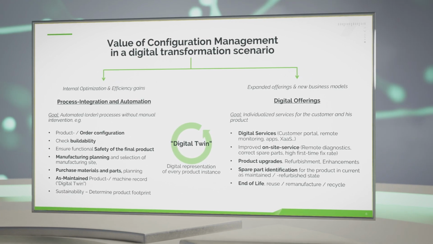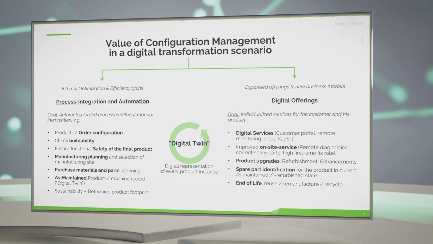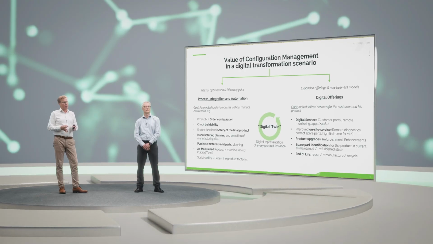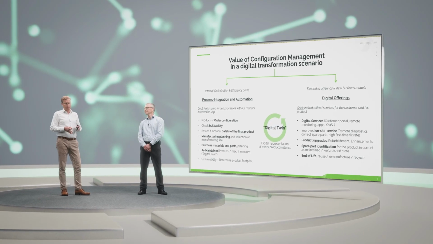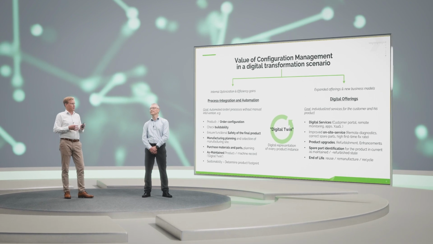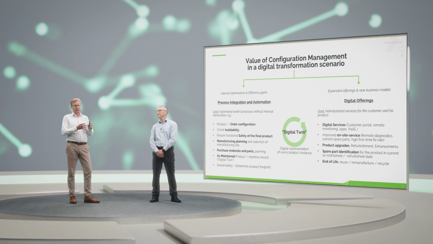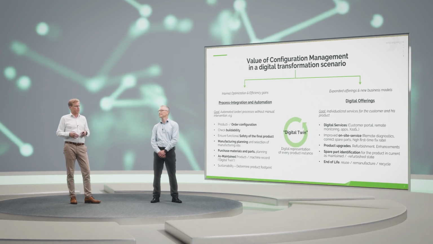That comes from an ideal world where your customer or your salespeople configure a product and there is no touch in the organization on defining how that product should be built, how it should be delivered, and how it should be serviced afterwards. Everything should be clear after the order, ideally, which is not the case for many customers we know.